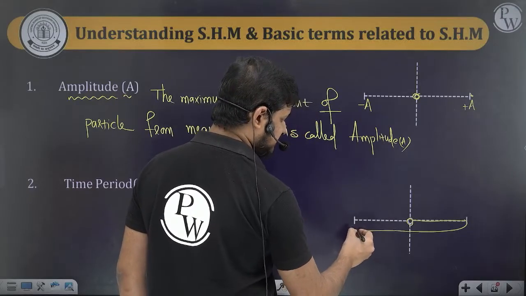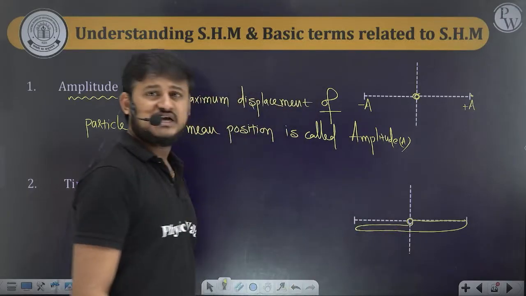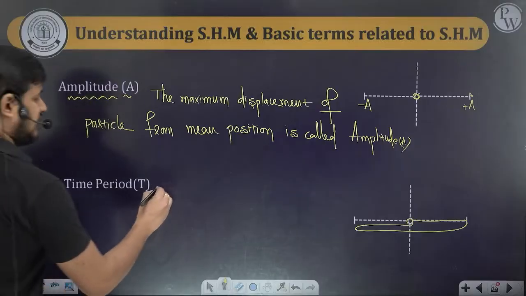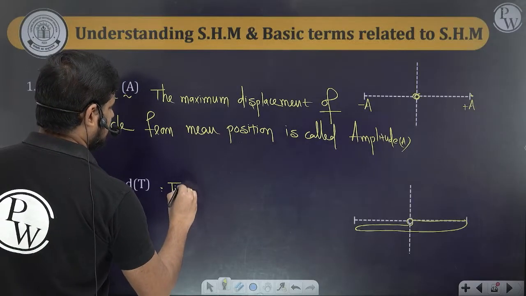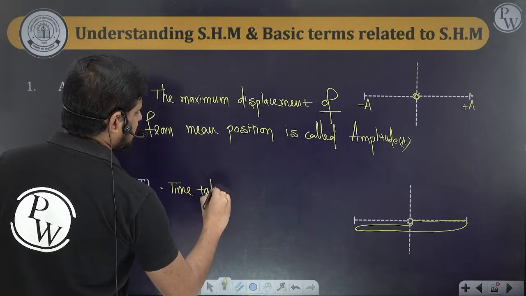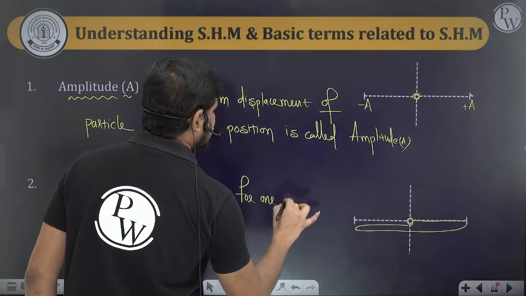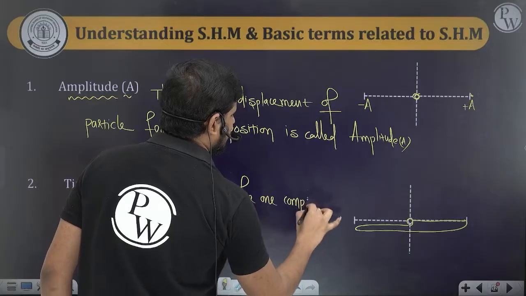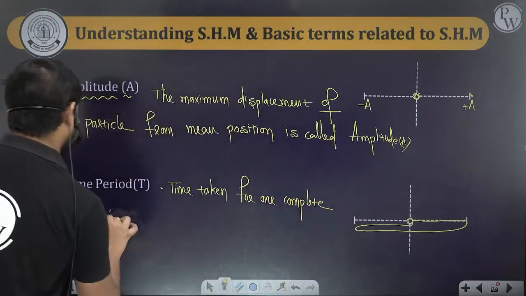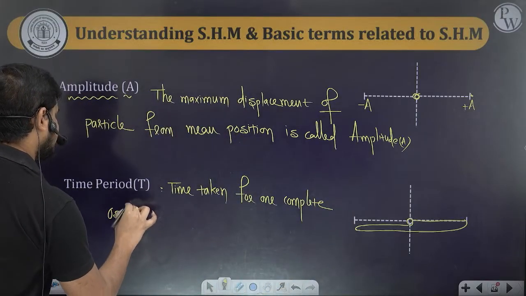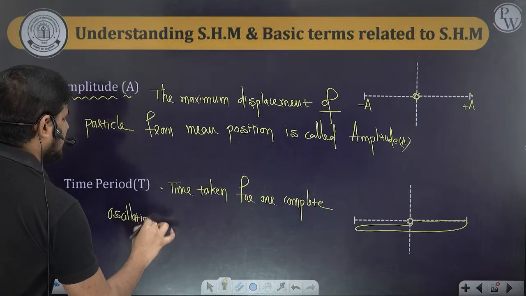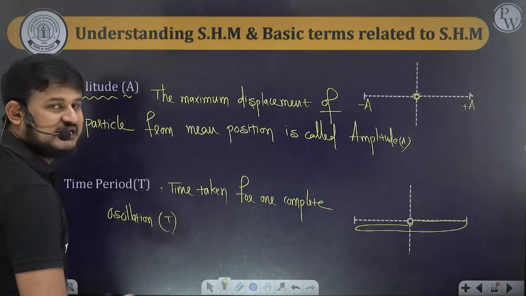Again to the left extreme and again to the right extreme. So it is the time taken for one complete oscillation. One complete oscillation is called the time period, which is denoted with capital T.